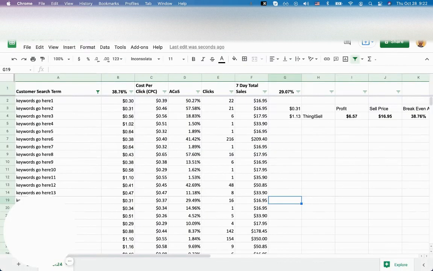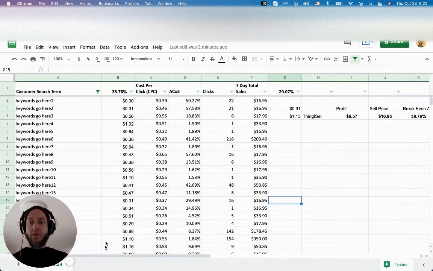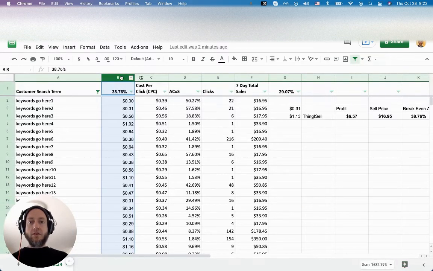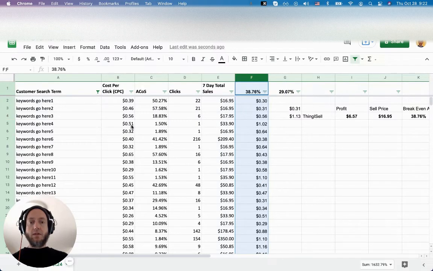Then you go into the report. I've already done this. You want to get customer search terms. Let me move this over here so it's a little easier to follow. Here we go.